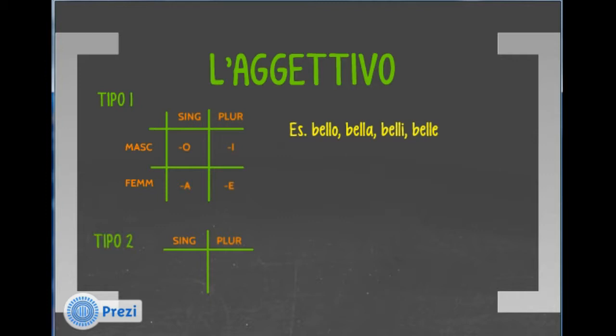In the second group, the adjective ends with e in singular and i in plural. For example, grande, grandi. So grande works with feminine and masculine words, both.